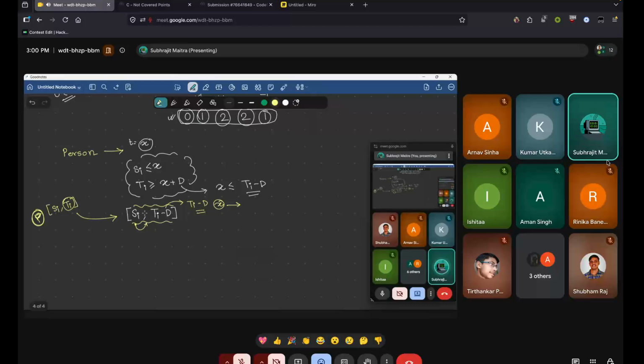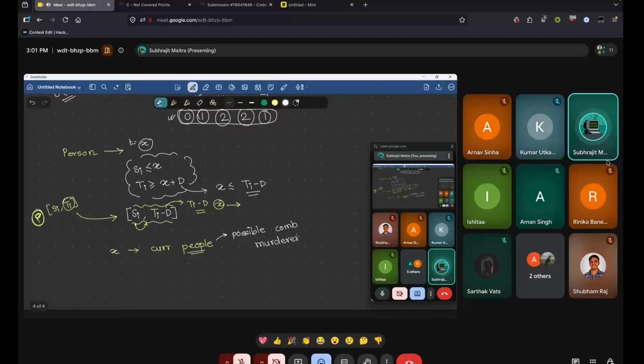Suppose at any time x, there were a current number of people present in the mansion. Then you tell me how many possible combinations of murderers can be there.